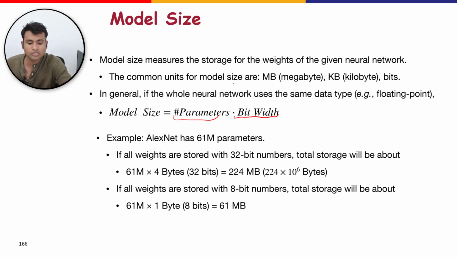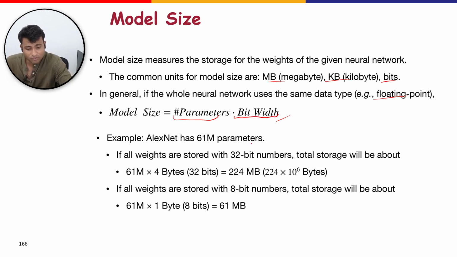Some common units of the model size are megabytes, kilobytes, or bits maybe. If the whole neural network is using the same data type, then this formula can be used, or else we need to break it down, like this part is using floating point and this part is using int operations. So that's how you can also calculate model size.